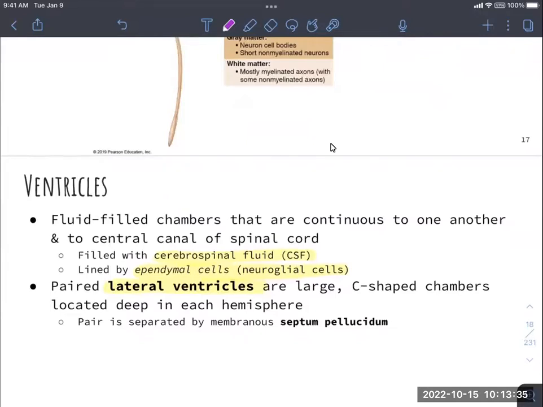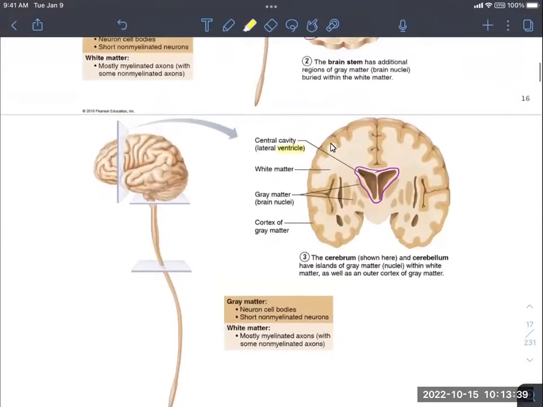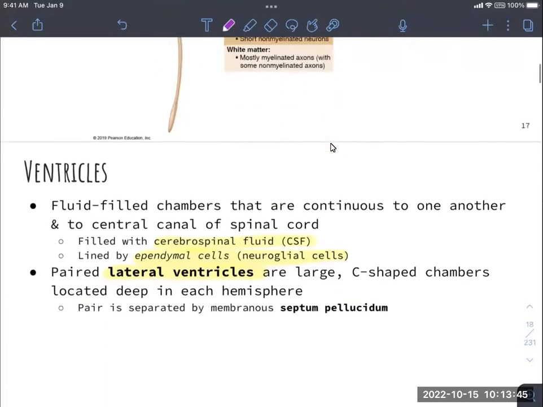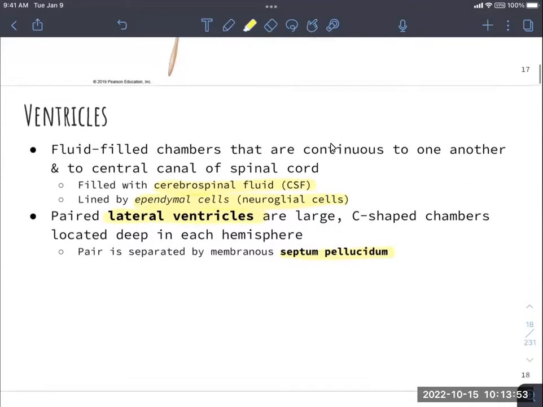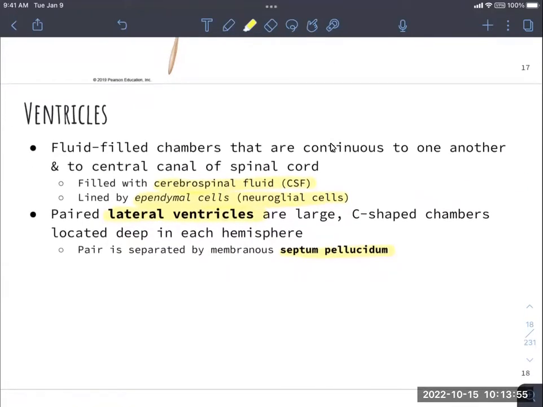Each lateral ventricle, if you notice this part in the middle, they have a little septum down the middle. That septum is called septum pellucidum. That septum is what separates that right and that left lateral ventricles.